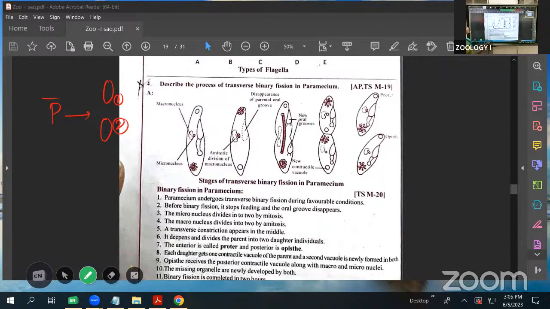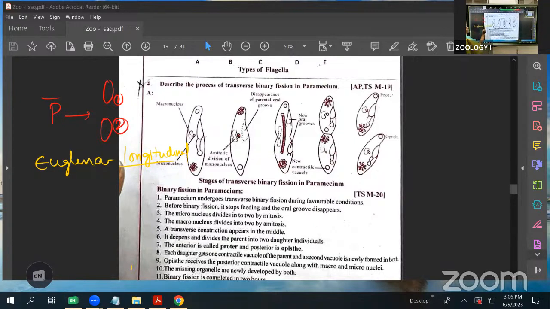Binary fission is present in euglena as well as in paramecium. In euglena, it is called longitudinal binary fission, because they are longitudinally, vertically, divided into 2 individuals.